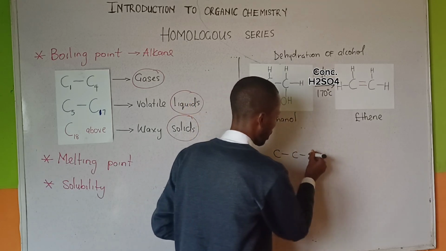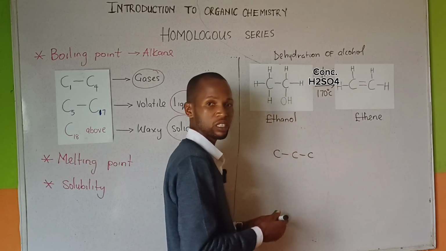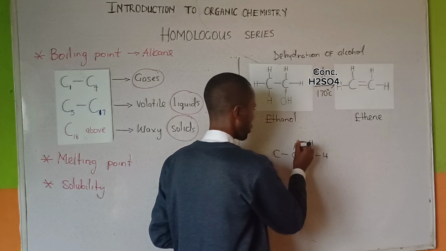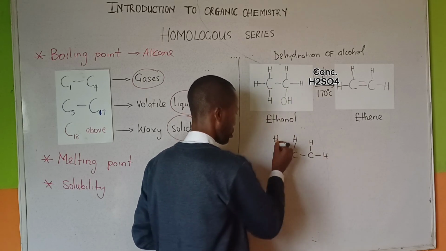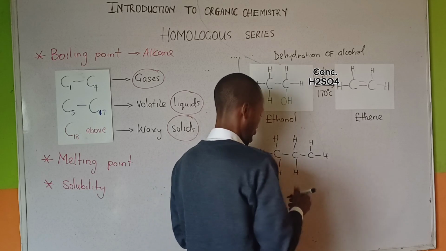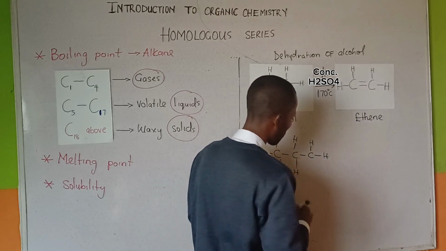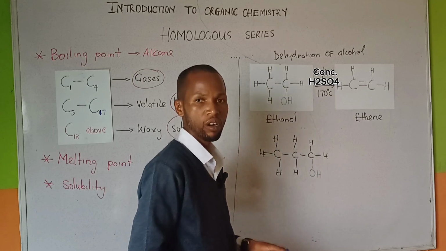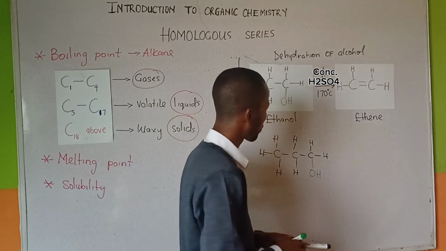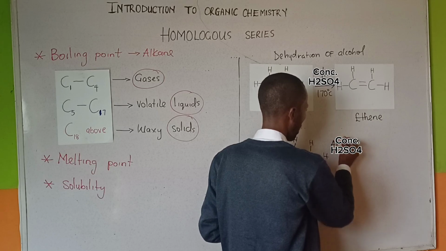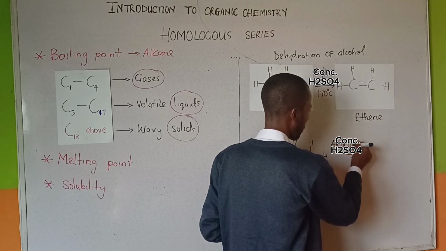Keep in mind the tetravalency of carbon to ensure that you have 4 bonds around carbon, hydrogen, hydrogen. And here we have the functional group OH. I will still talk about the identification of functional groups in the presence of conc H2SO4.